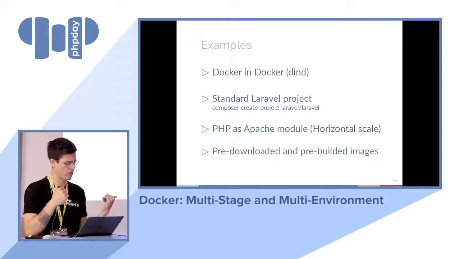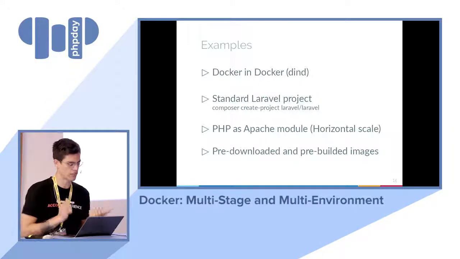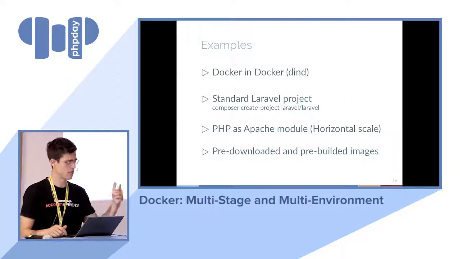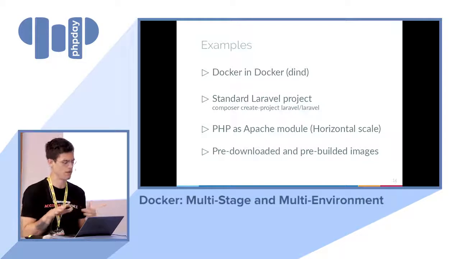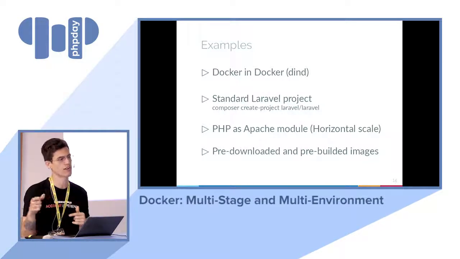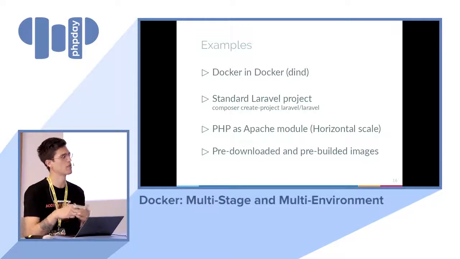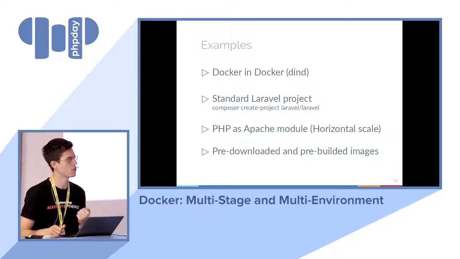In these examples that I will show you, I'm running Docker in Docker. In all these examples, we will use a standard Laravel project, which I created with Composer create-project Laravel. I chose Laravel because it is what we use at Customer Gauge, the company that I work for. All these examples run PHP as an Apache module.